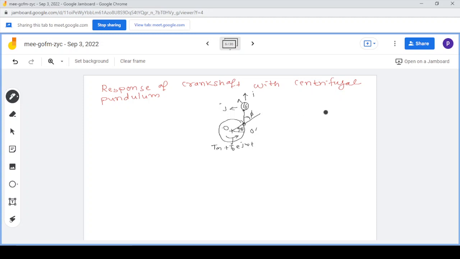Okay, and then let us draw the free body diagram in this case. This is the point O dash.